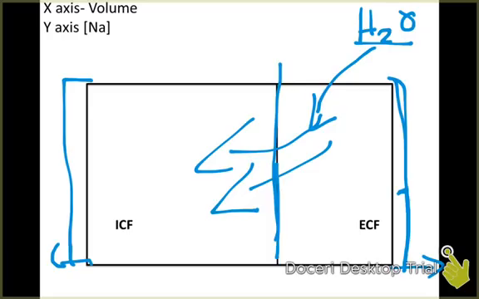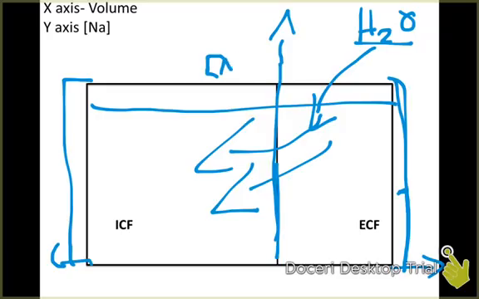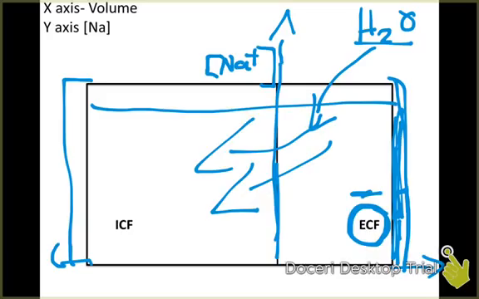But the majority is you're decreasing the concentration of the sodium when you add free water. But the key here is you're not adding much volume to the extracellular fluid space, so when you hold on to free water or add free water into this space, there is no edema. These patients do not get edema.